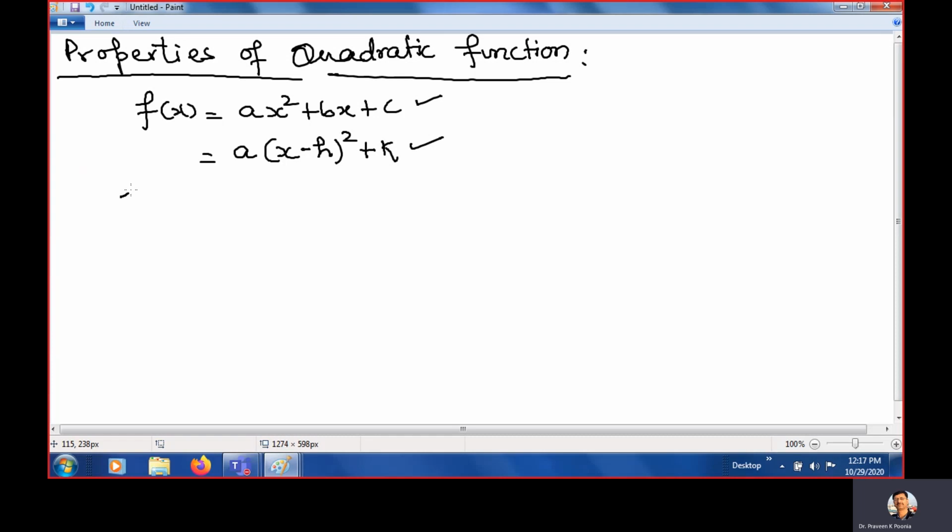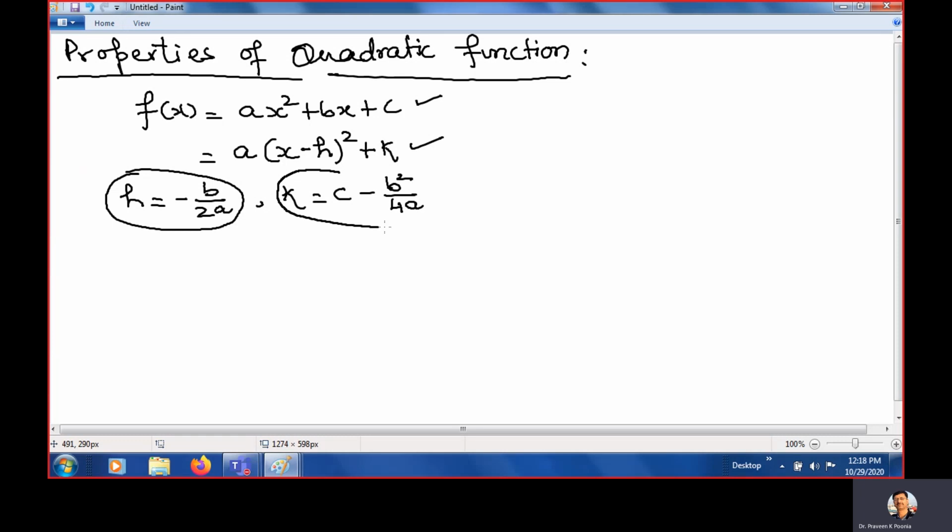What is h here? h equals minus b upon 2a. Clear? And k is equal to c minus b square upon 4a. These two values, h is equal to minus b upon 2a and k is equal to c minus b square upon 4a, you need to remember. This will help you a lot.